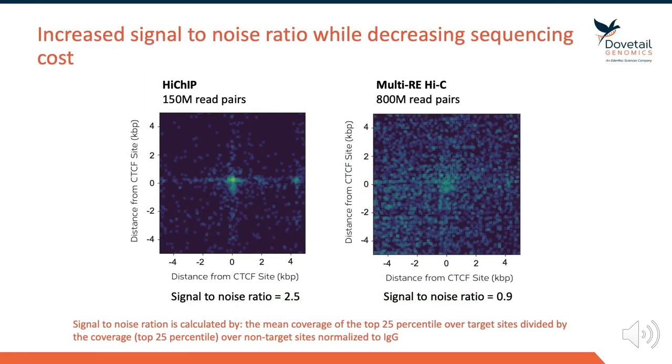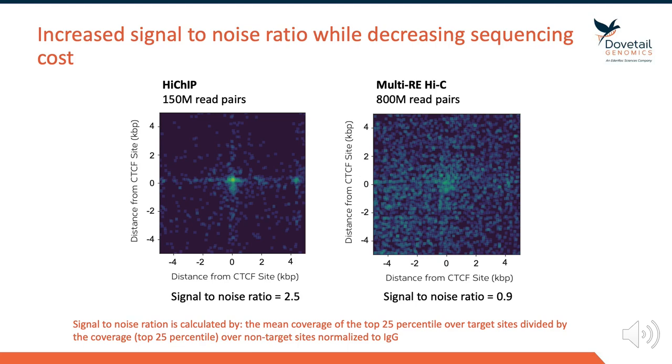Now, there's an added benefit of using a protein-directed approach to capture conformation events in that it increases your signal-to-noise ratio while decreasing your sequence cost. So what we have shown here are two contact matrices that are metagene analyses around high occupancy CTCF sites for HiChIP on the left at 150 million read pairs, and on the right with a restriction enzyme approach at 800 million read pairs.